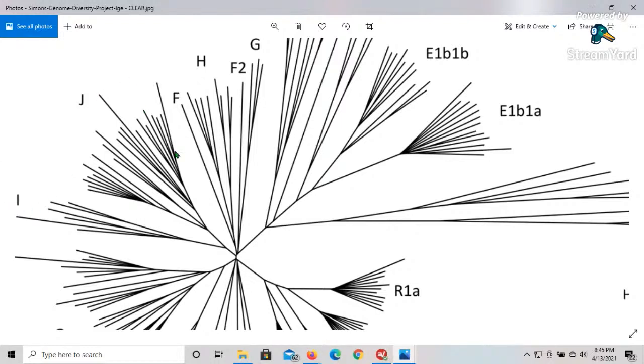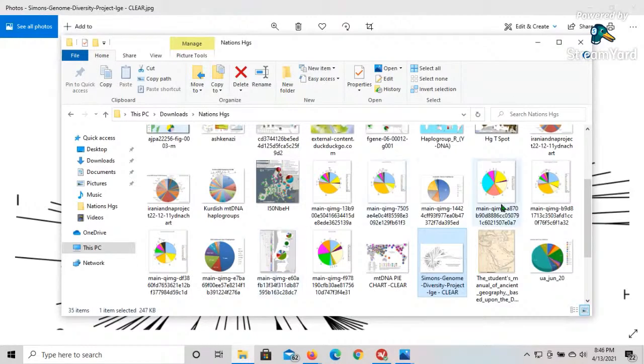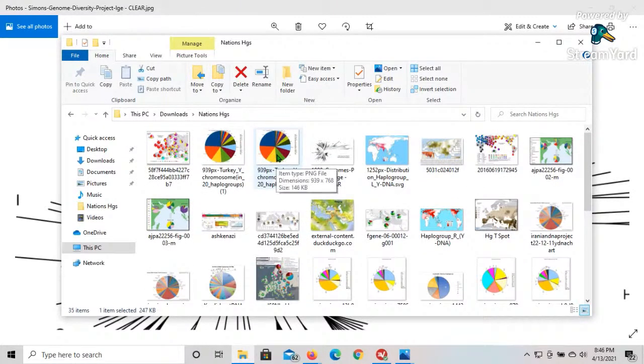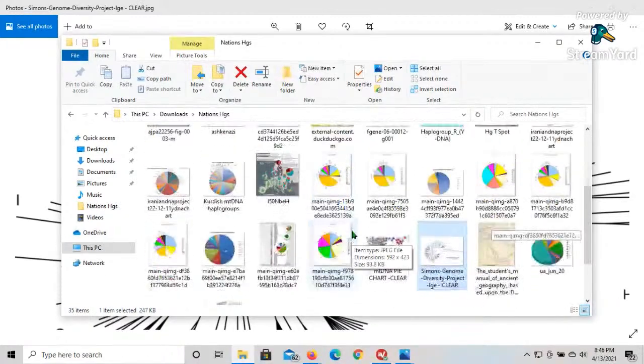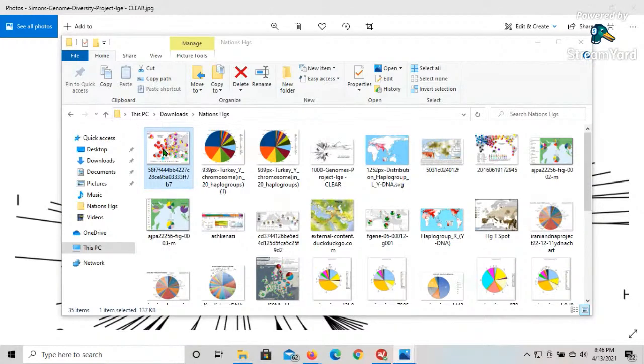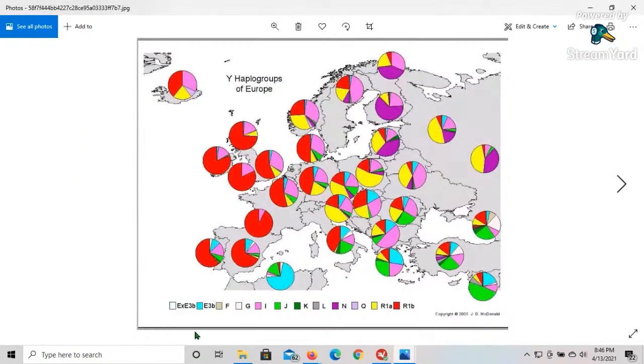Okay, we know who the I and the J are, but if we go, let me go back here. If we go to a map, let's say that has Iberia on it. Well, can't find a map with Iberia. Oh, well, I'll go here. So, this is Iberia, right?